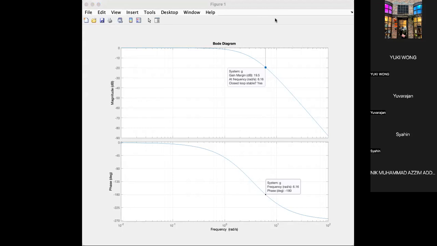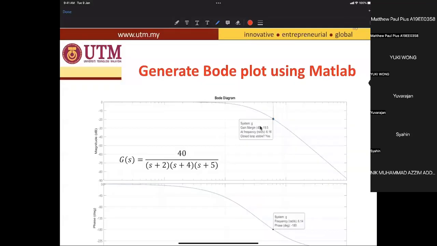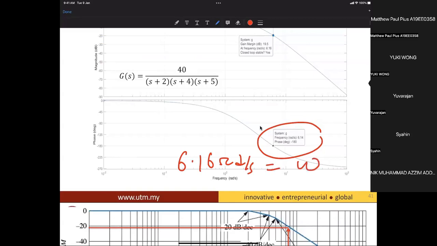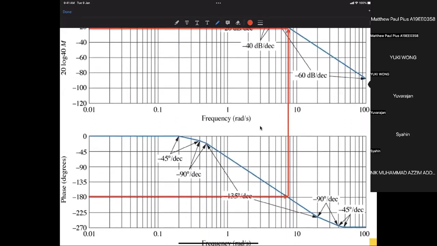Right, so this one, the 6.16 radian per second, we call it the phase crossover frequency, omega CP. Omega phase crossover frequency. So that is the gain margin.